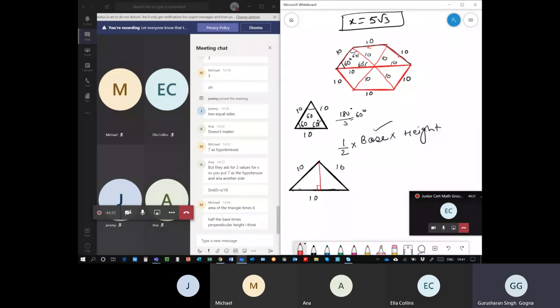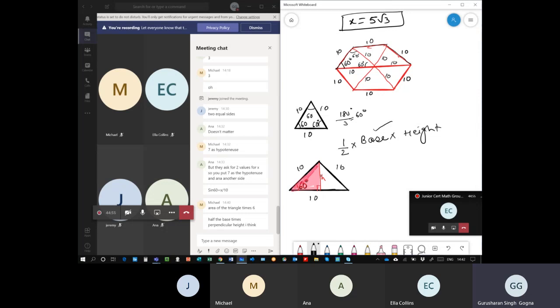Let's call this height h. So this is h, and you can see that this is now a right angle triangle. This is a right angle triangle, and this angle here is 60 degrees.